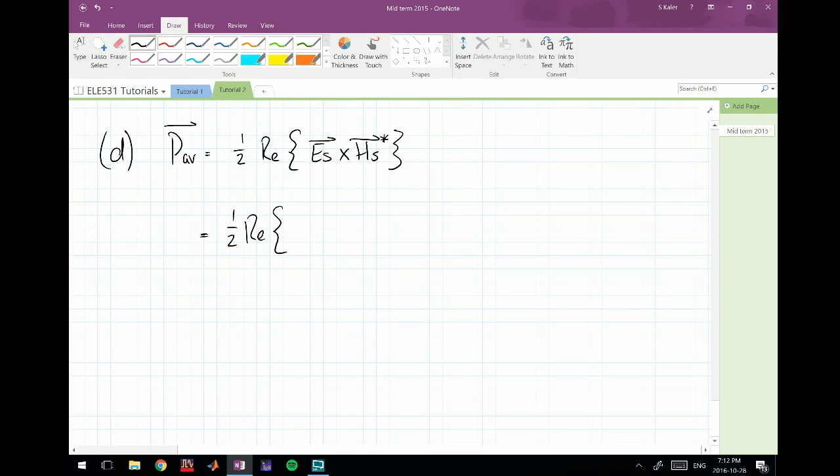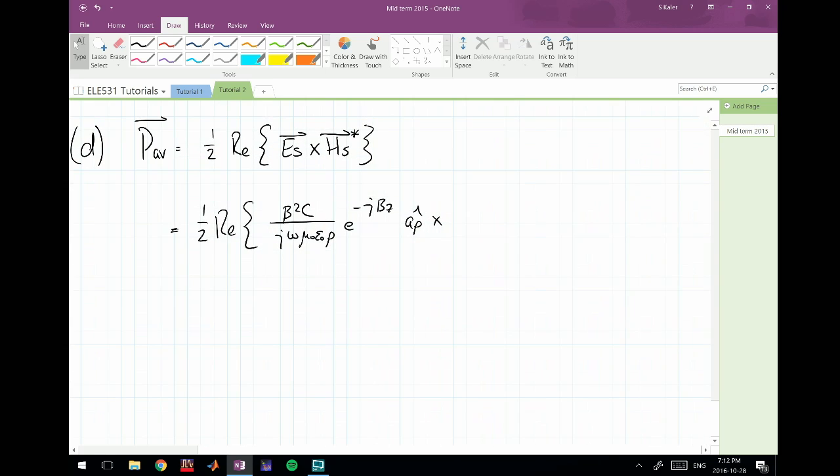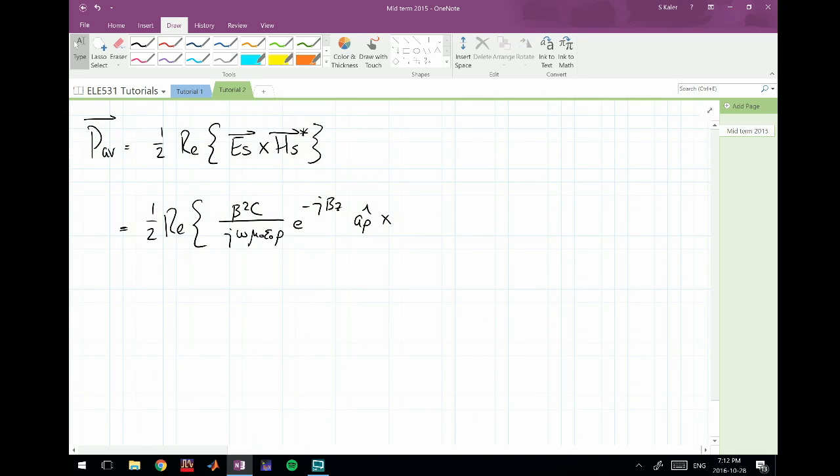So ES we have is beta squared C over J omega mu naught epsilon naught rho e to the minus J beta Z A rho. And this, we're taking the cross product with the complex conjugate of the magnetic field.